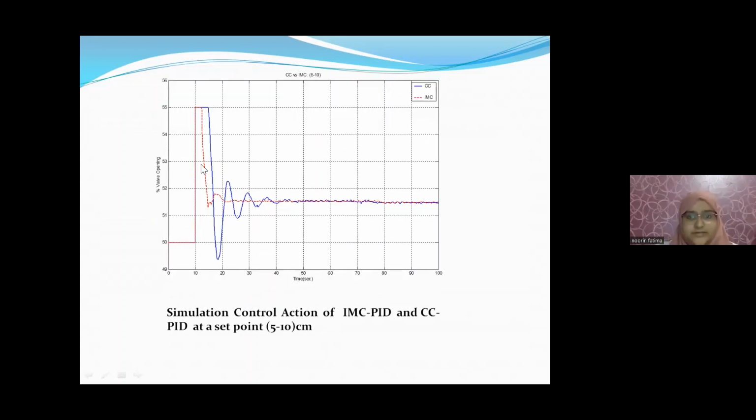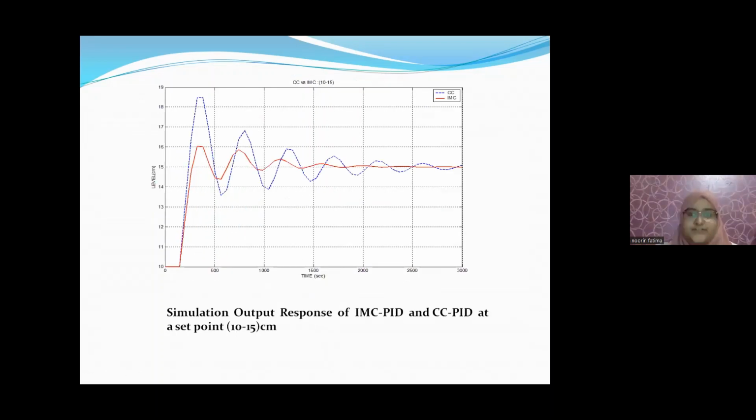This is the control action for the IMC-PID and CC, drawn between valve opening and time. Then similarly, for a set point change from 10 centimeters to 15 centimeters, we can see again that IMC performs better than CC.